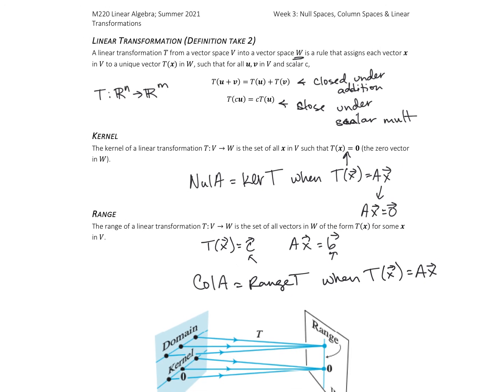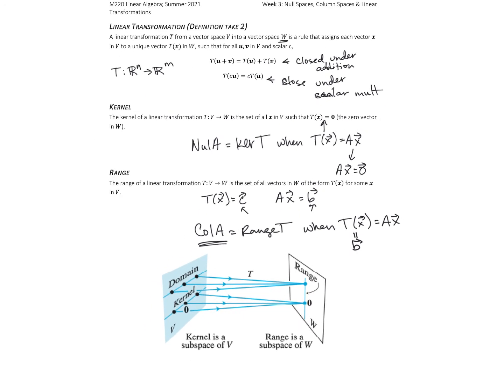Ta-da! So we're solving for, hey, this is equal to b, which we said was the definition of column space of A. Just a nice, lovely little visual here.